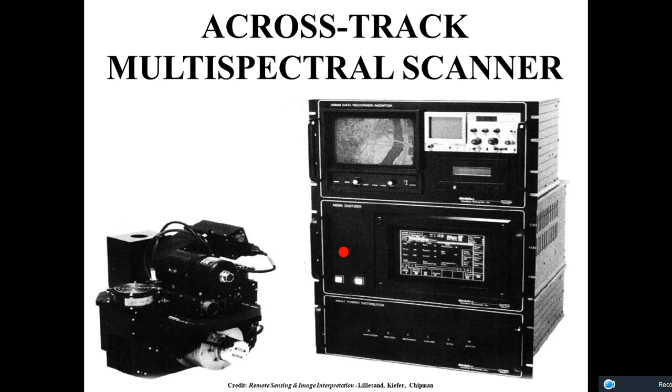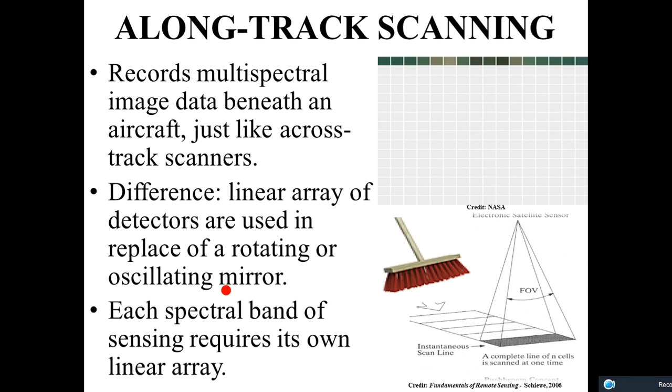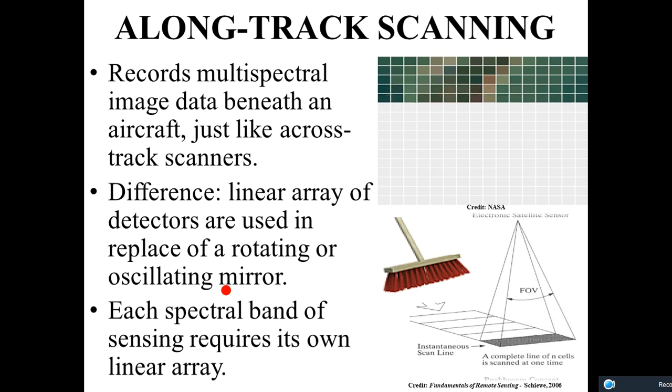So here you are seeing how an across-track multispectral scanner looks. I'll again show you. An across-track multispectral scanner means the whisk broom one. Along track is the push broom one, okay.